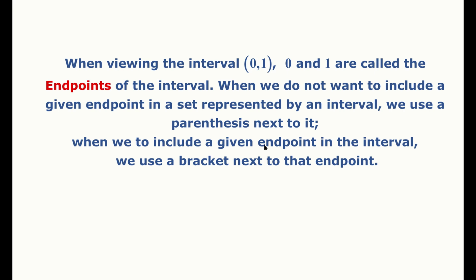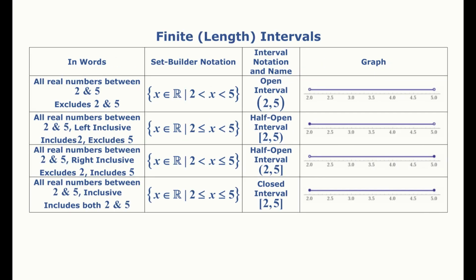When we do want to include an endpoint, instead of using a parenthesis, we'll use the bracket notation next to that endpoint. So any endpoint that has a bracket next to it will be included in the set represented by the interval. All right, so here what we have are some examples of what we call finite intervals.